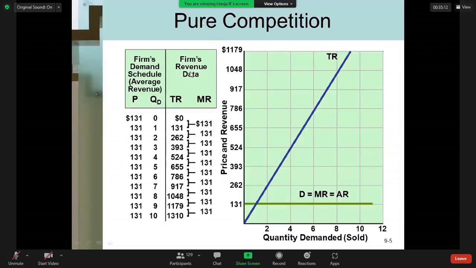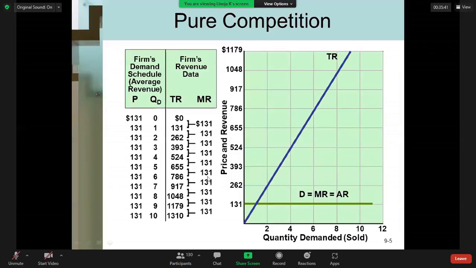So marginal revenue, how you find it is the additional quantity for the next value. With one more additional unit, see the difference in the total revenue: $131. Then 131 and 262, again 131. Like that, the marginal revenue is the same for the whole quantity demanded.